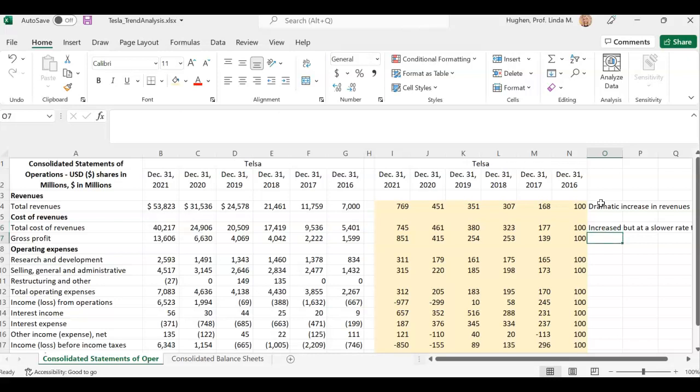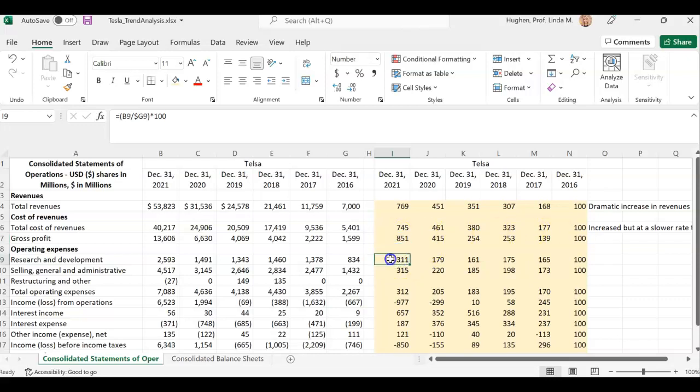And Tesla reports gross profit separately here, so we can see the impact of having a higher increase in revenues than in cost of goods sold, and we see this dramatic impact, 8.5 times. The gross profit for fiscal year 2021 is 8.5 times greater than in 2016.